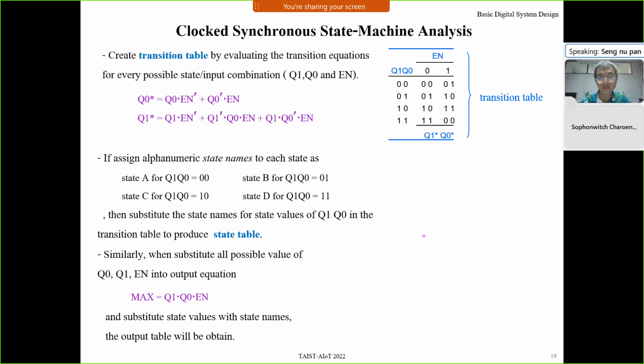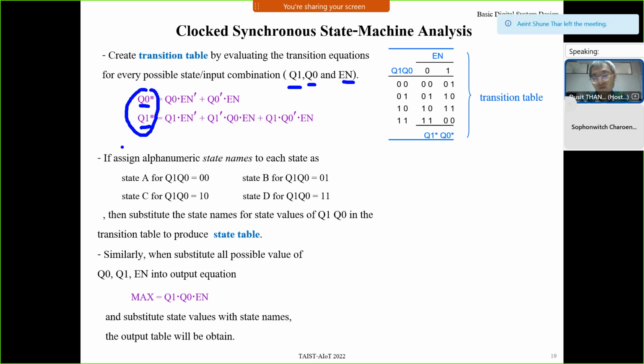Sir, sorry, can you repeat the explanation again? The transition table. Okay, from this equation, if you know the value of Q1, Q0 and En, you can calculate the value of Q0 star and Q1 star, the new value of the flip-flop when the clock ticks.